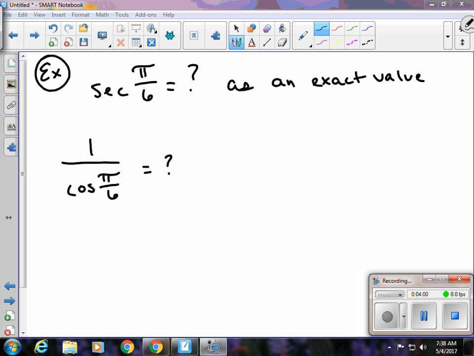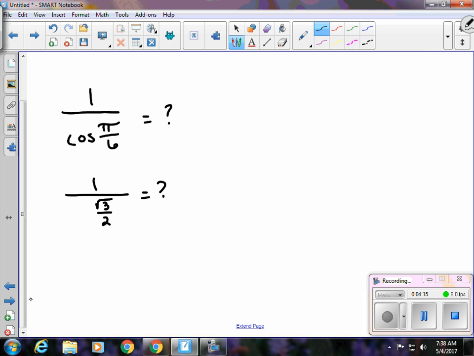Okay, so if I look at my unit circle, pi over 6, the cosine value of pi over 6 is square root 3 over 2. Well, I know that if I have 1 over, I got to find the reciprocal, so I technically have 2 over square root 3.